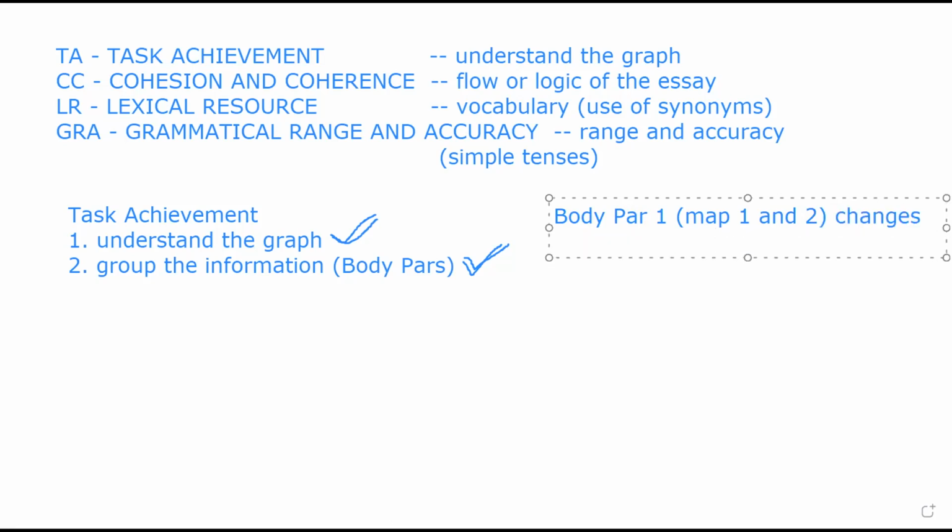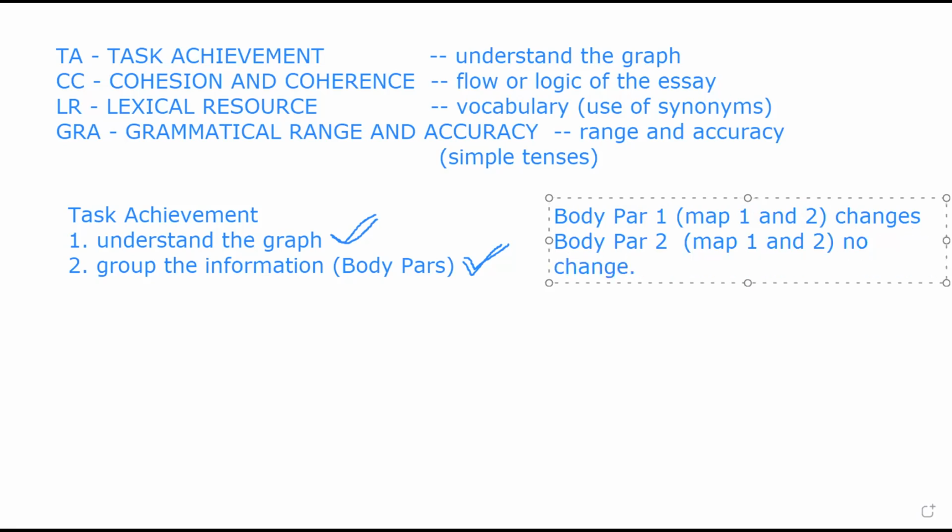All right. And the same thing with your body paragraph 2, map 1 and 2. But here you have to check the no change. All right. Remain the same or slight change. Okay. So which area doesn't have many changes? All right.